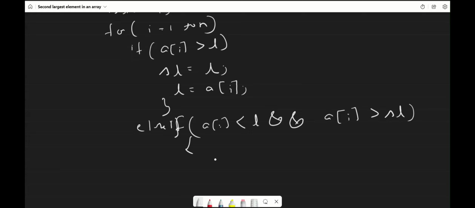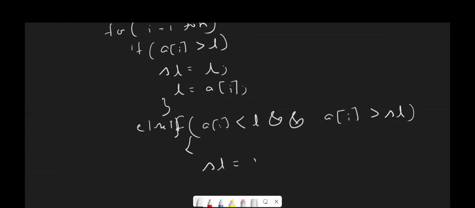In that case, second largest will be array of i. Close. So this is our pseudocode.